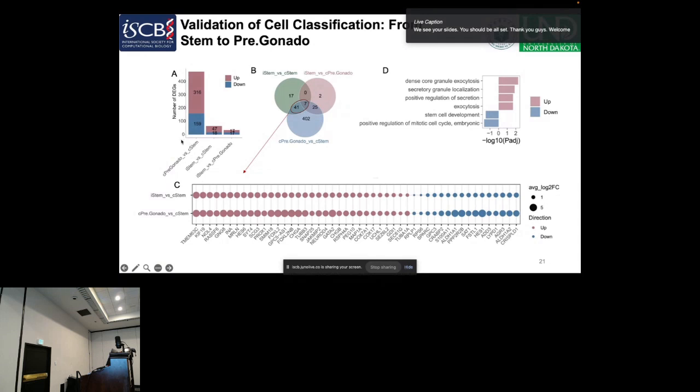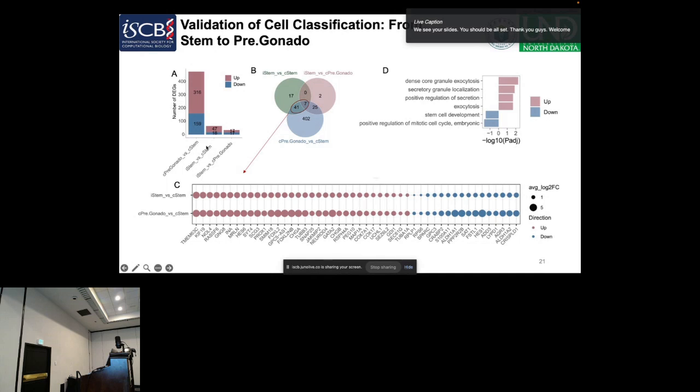We can see that the first group has the most differentially expressed genes because they are totally different cell types. But the third group has the fewest differentially expressed genes, which suggests these inconsistent stem cells are more likely to be polygonal cells rather than stem cells.